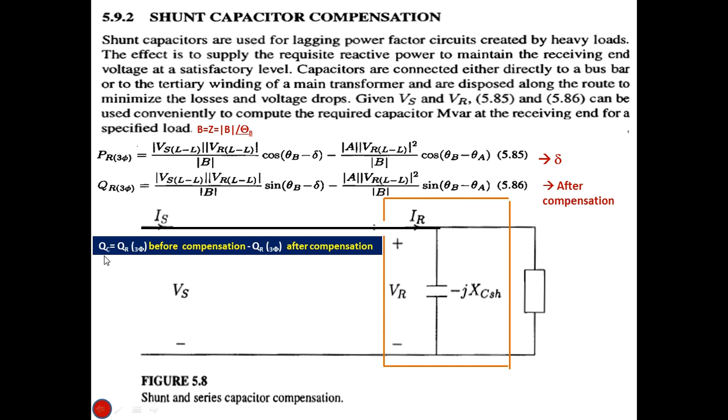And after that, we calculate the compensating reactive power, the reactive power needed by the compensation unit or the shunt capacitors, in order to maintain the receiving end voltage at the desired level. So this is the principle of shunt compensation, and we will continue later on with an example.